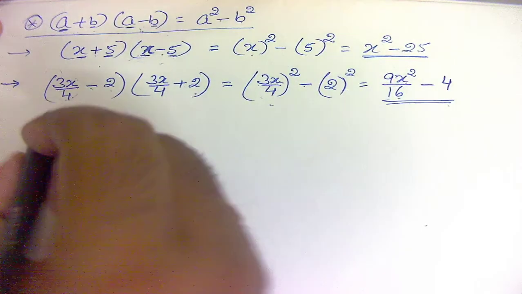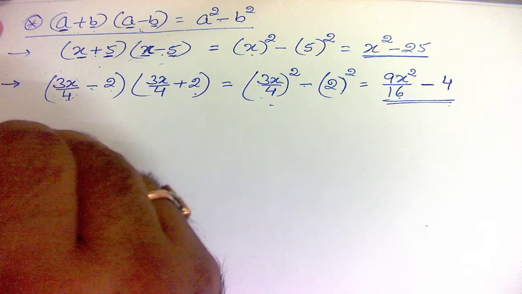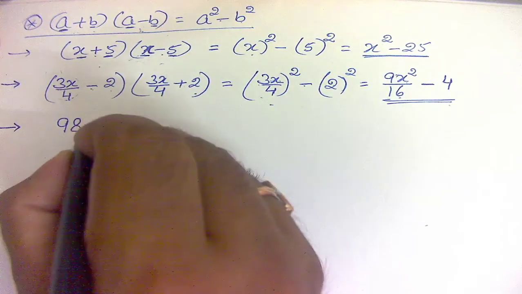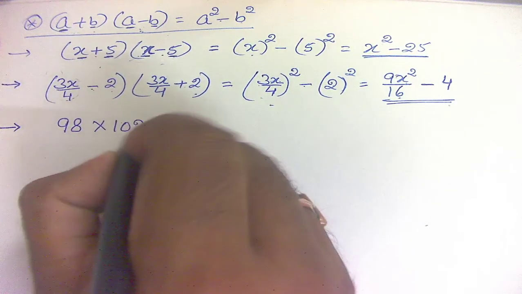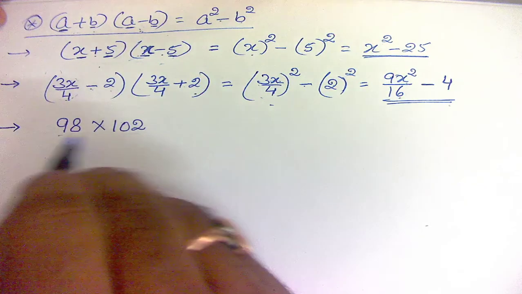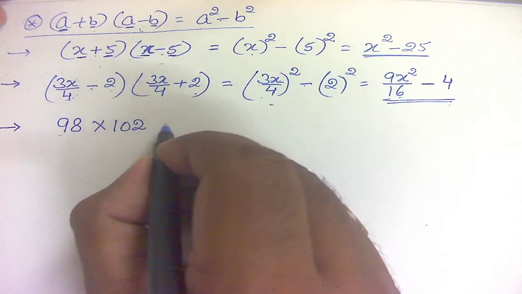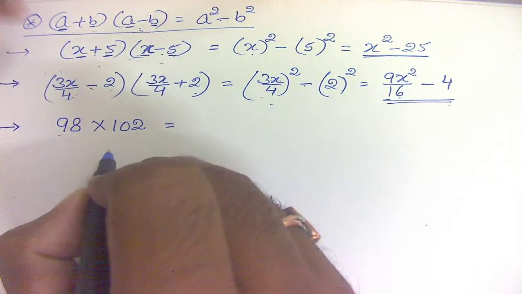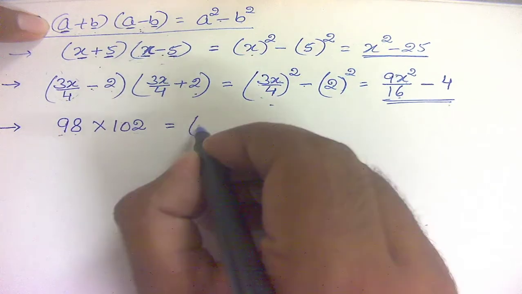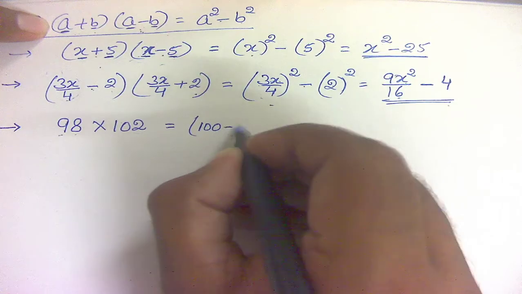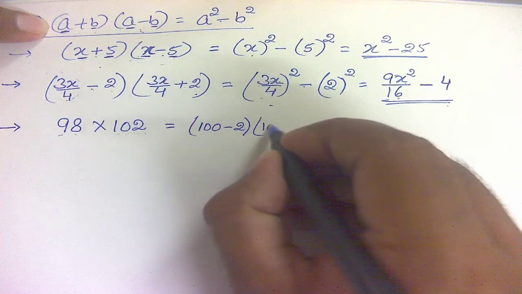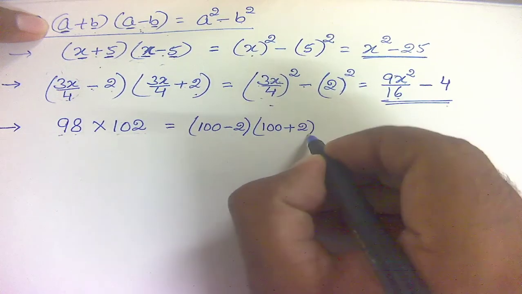Now similarly this can be used even to multiply numbers. Suppose you have 98 multiplied by 102. Now if you have 98 multiply 102, you can see that this can be written in the form of (a plus b) into (a minus b). Now 98 is written as 100 minus 2 and 102 is written as 100 plus 2.